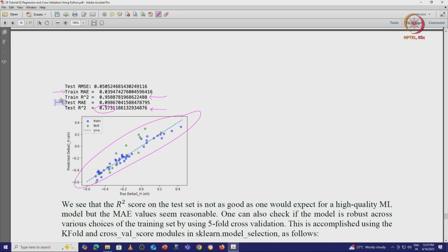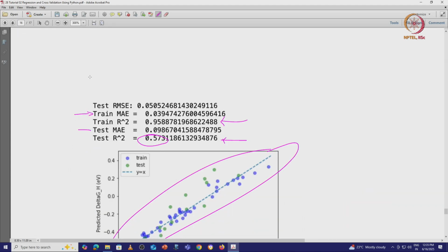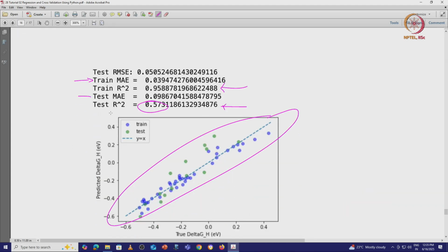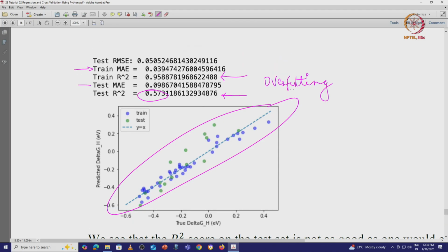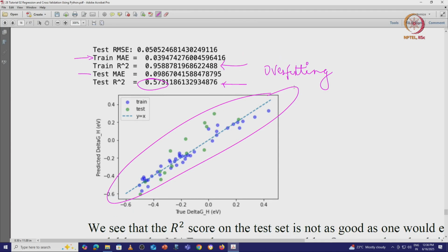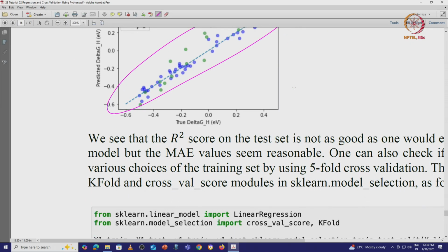So you can clearly see that there is some problem with the way the model has been made. It is clearly a case of overfitting. Your model is doing well on the train data, but it is not doing well on the test data. So I hope this is a practical example of overfitting that you can take back from this lecture.